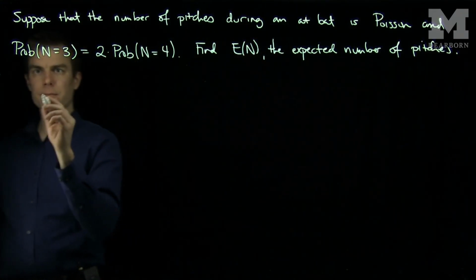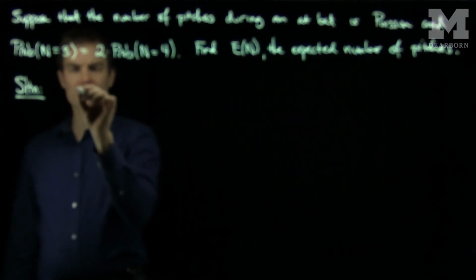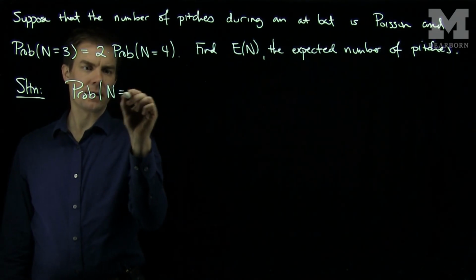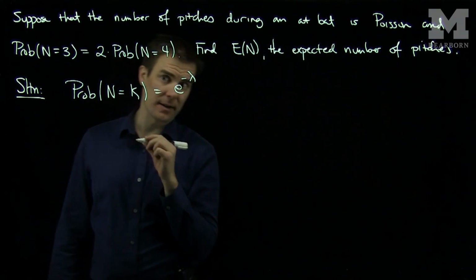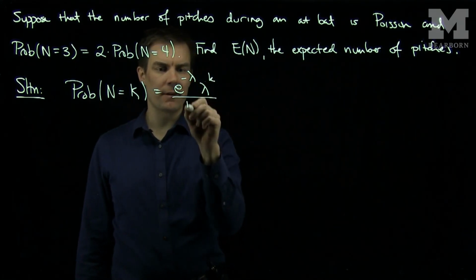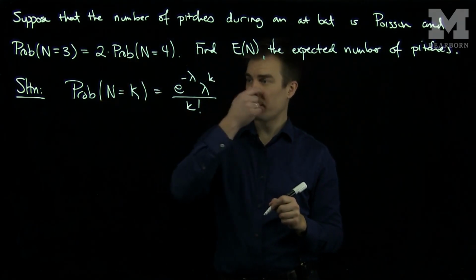So here's the solution. Since n is Poisson, we know that the probability that n is equal to k is e to the negative lambda, lambda to the k, over k factorial. In this problem, we weren't given lambda, but we were given this information.